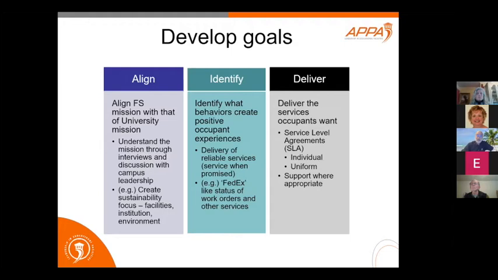I know of some business and law schools that have the resources and tell the facilities organization, we want you to spend an extra $10,000 per building or something like that on us so that we have more frequent custodial service than they get over in the liberal arts college. Okay, you ought to be able to do that, and you can measure it and track what's going on. These are ways of aligning your mission with the institution, identifying how you're going to do it, and delivering on your plan.